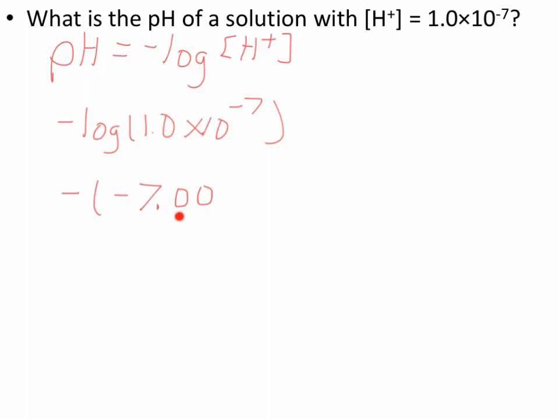And so this first digit is basically our 1 up there, and the second digit here is our 0. And so now we have negative times a negative 7, and that means that our pH is equal to plus 7.00.